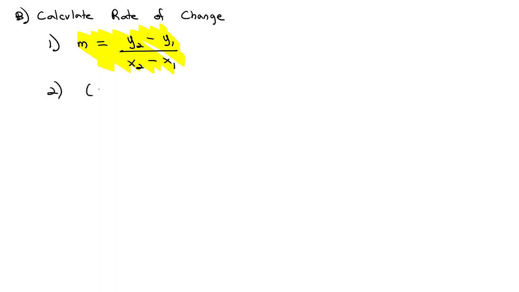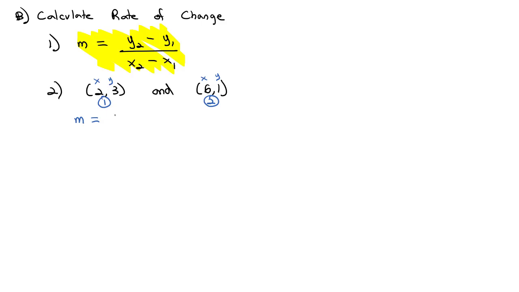So for example, if I know the points (2, 3) and (6, 1) are on my line, we can find that rate of change, or slope, because a point is always x, y. We always start with the second point and subtract the first point, although the order doesn't matter as long as you're consistent.